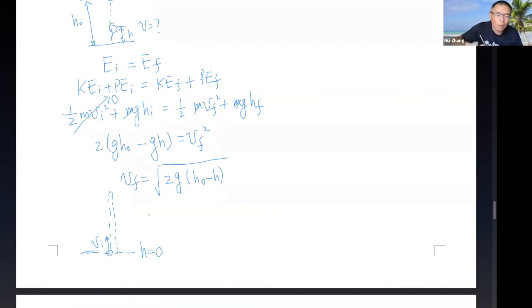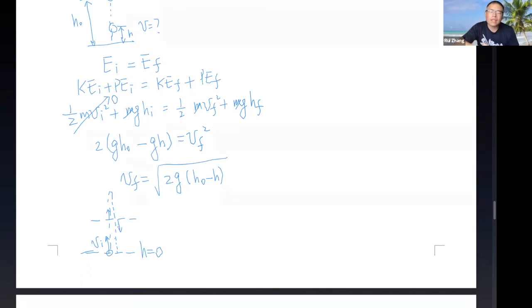Another thing we can understand now is why at any given height, the two velocities going up and going down are opposite in direction but the same in magnitude. The energy consideration is pretty clear: total energy is conserved, so at any given height the potential energies at these two points are equal because they're at the same height. That means the kinetic energy has to be equal as well, which means the speed has to be the same.